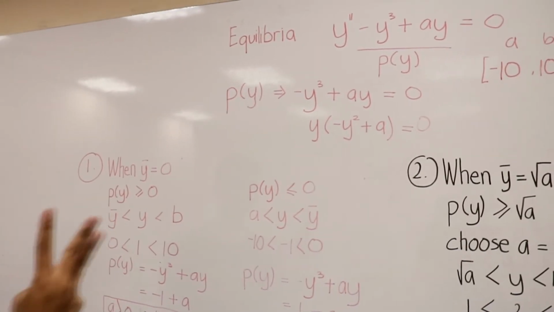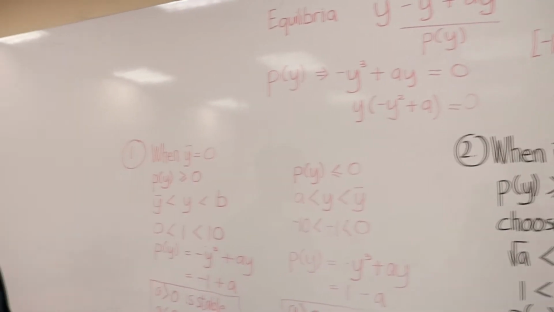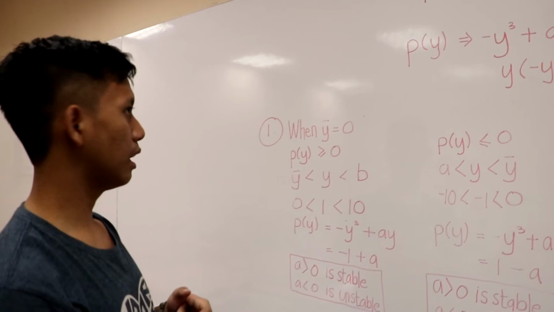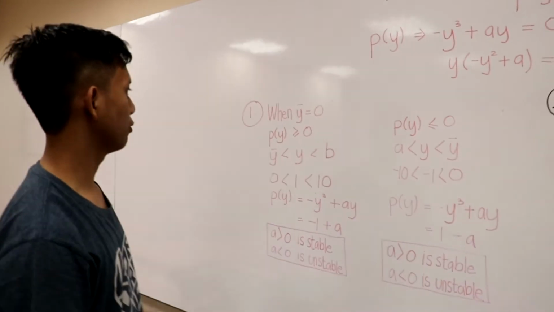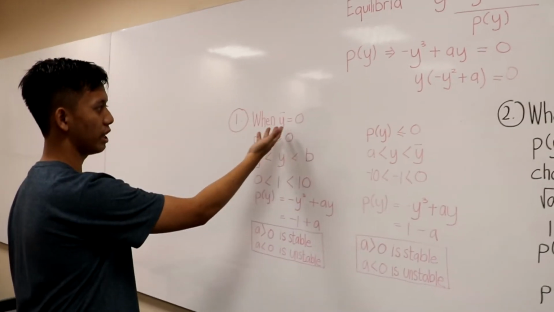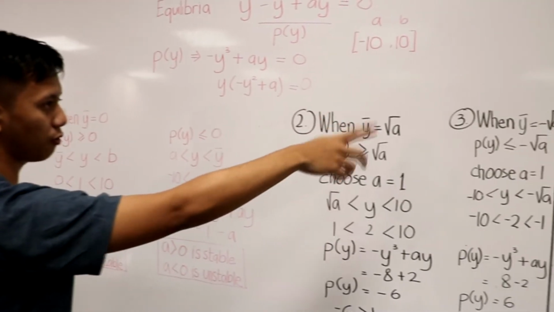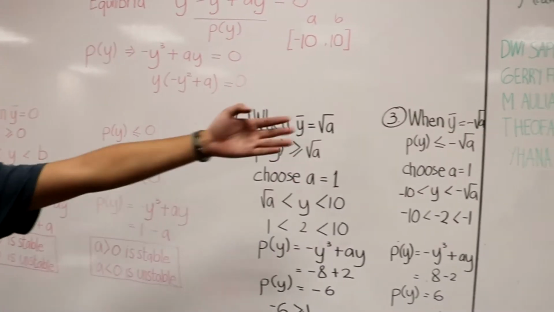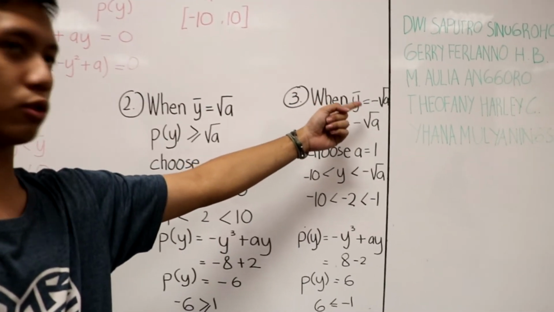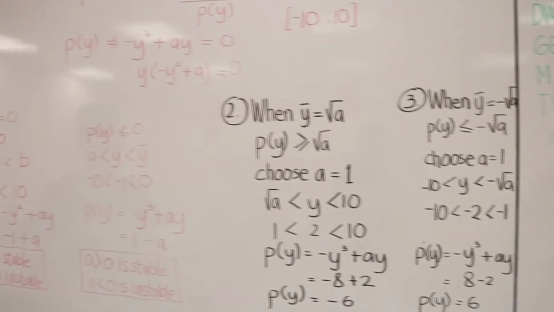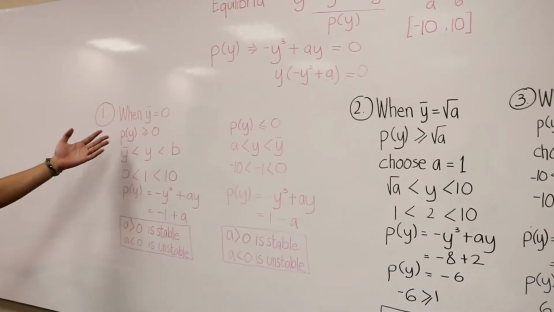So we have three cases: first when y equal to 0, the second when y becomes the square root of a, and the last when y becomes the minus square root of a.